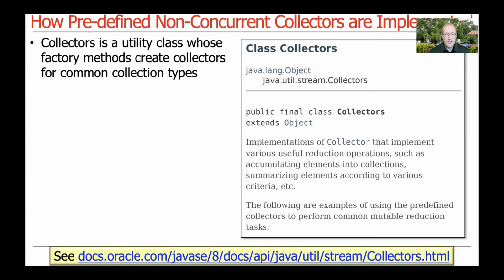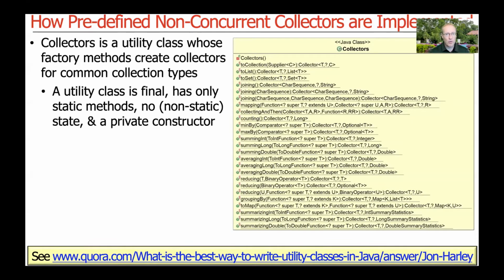The way this works is there's a so-called utility class called Collectors, and it has a bunch of factory methods that are used to create collector implementations for common collection types. Just a quick recap on what a utility class is. A utility class is final, meaning that you can't extend it. It has only static methods.